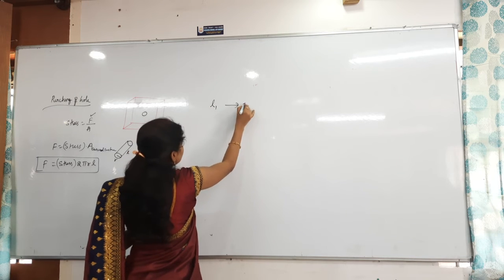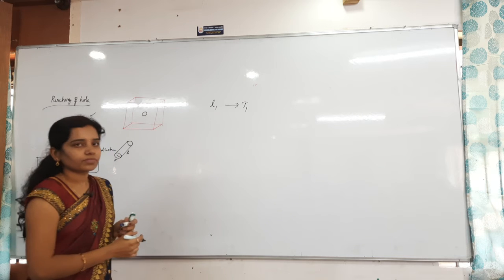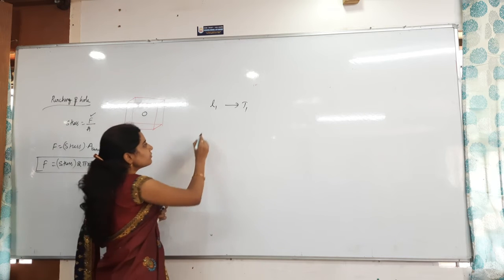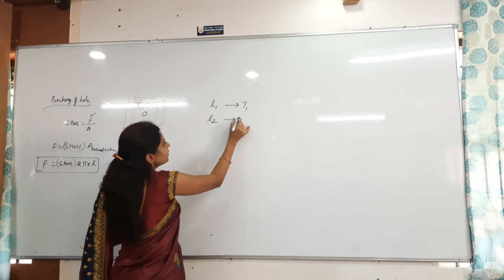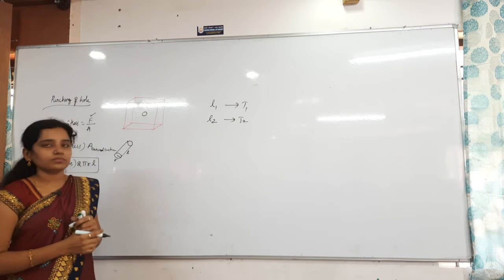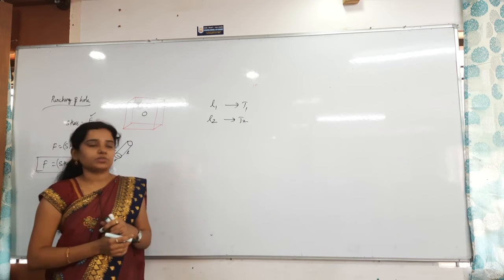Length of the wire is L1, then tension is T1. Length of the wire is L2 and the tension is T2.